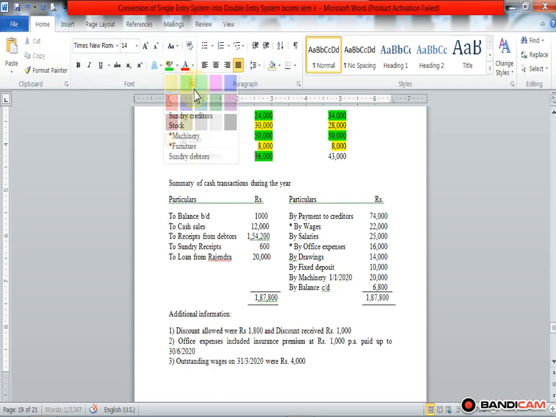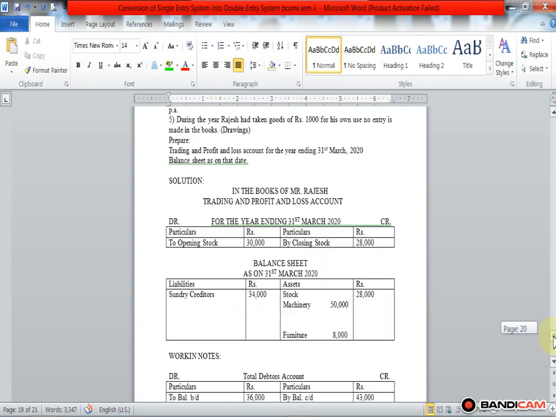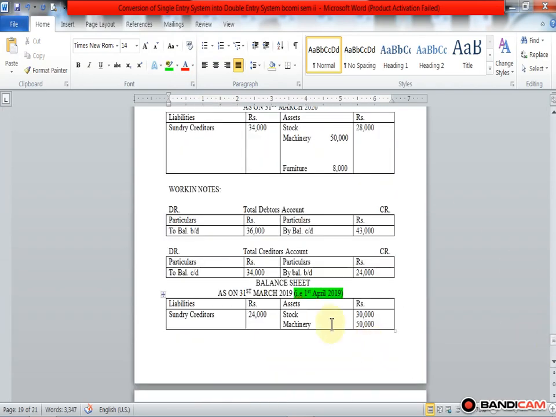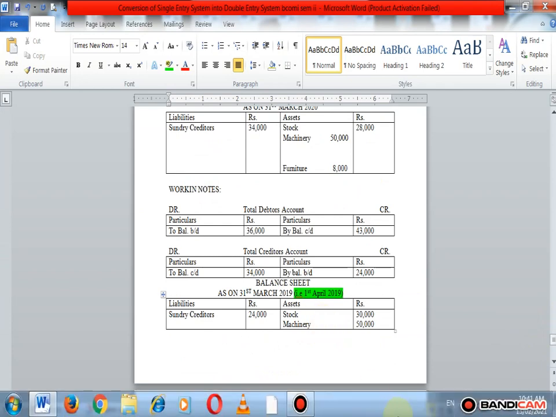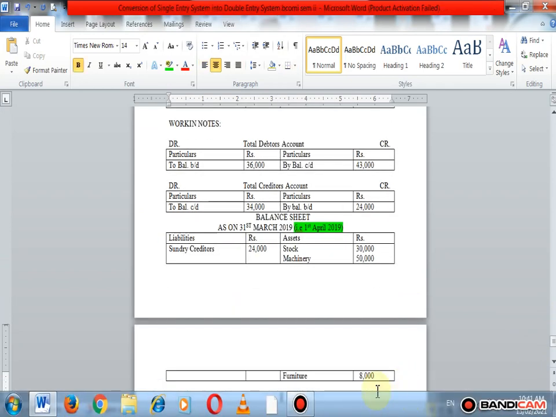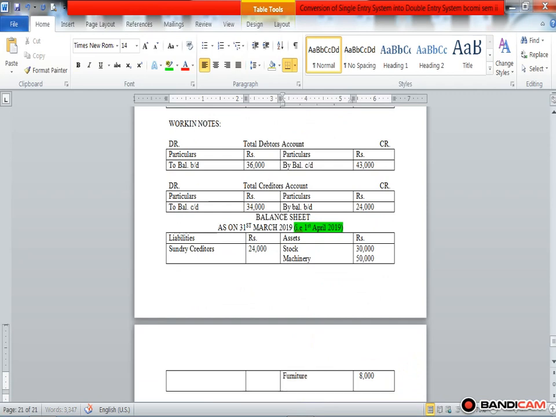Now we transfer the opening debtors. Opening debtors is our asset, so opening debtors is transferred to the opening balance sheet asset side. So here sundry debtors amounted to rupees 36,000.